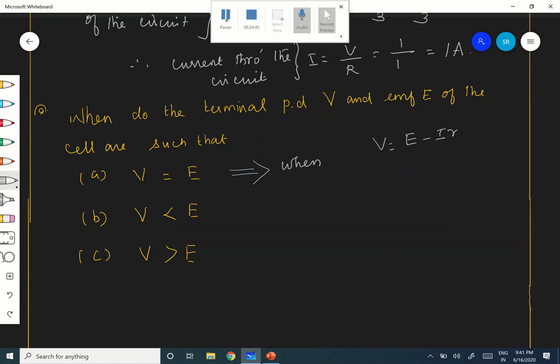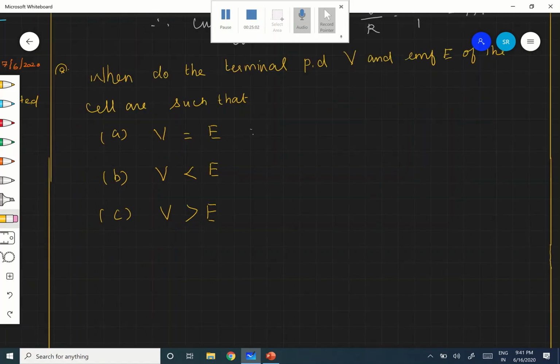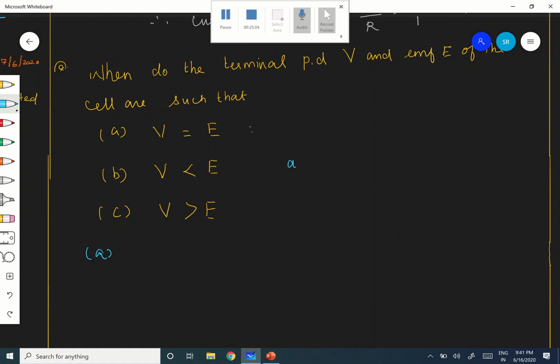Okay, we will take it properly. So, the first one, A: V is equal to E when the current in the circuit is equal to 0.